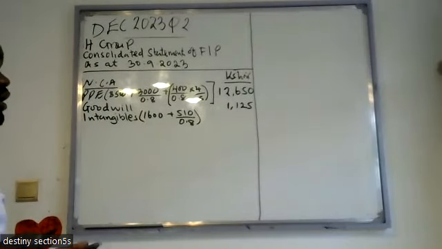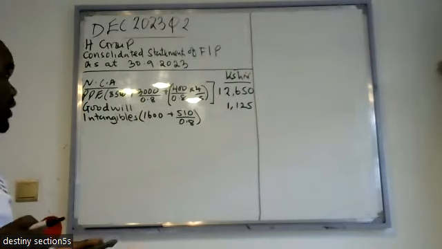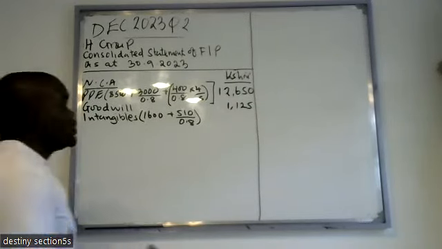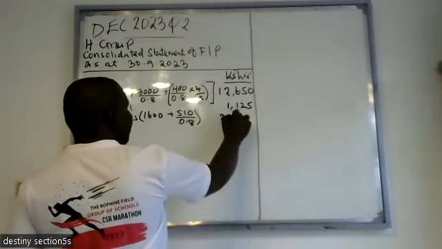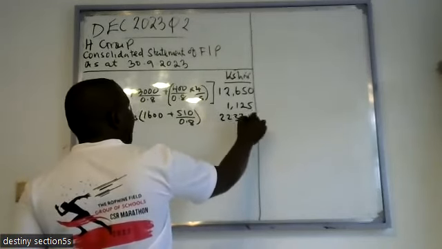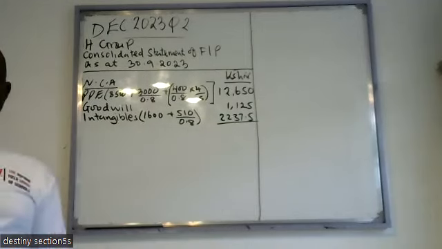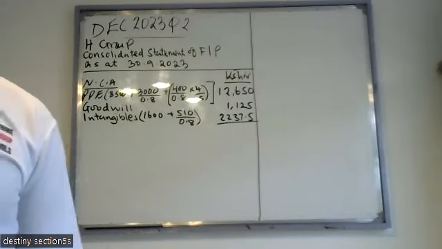So I have to take my calculator. 510 divided by 0.8 plus 16. I'm getting 22,37.5. Give me the value of non-current assets total. What is the total value for non-current assets?